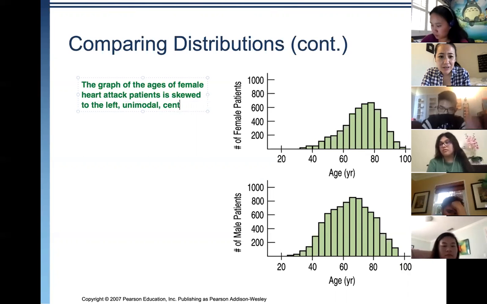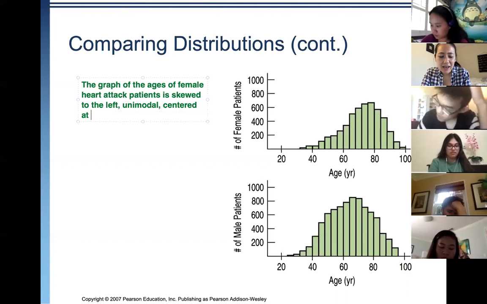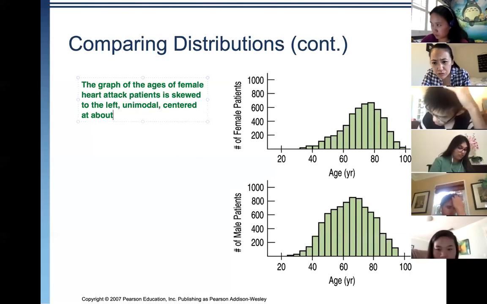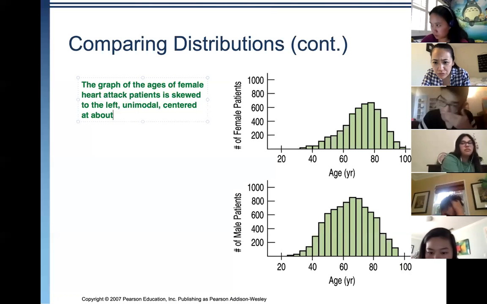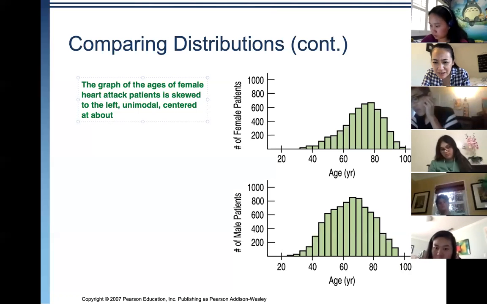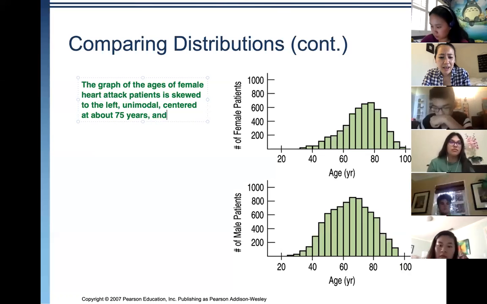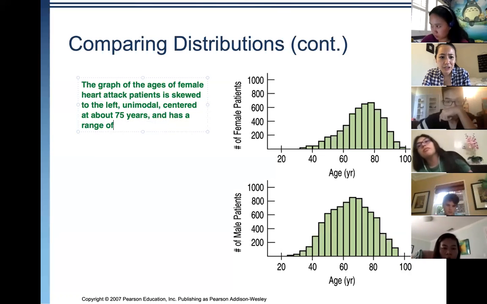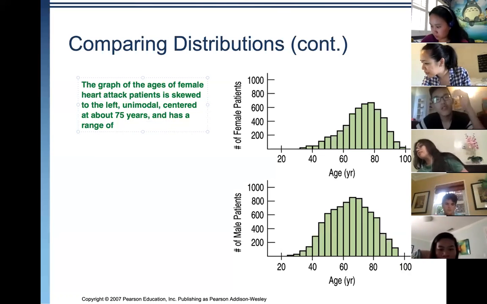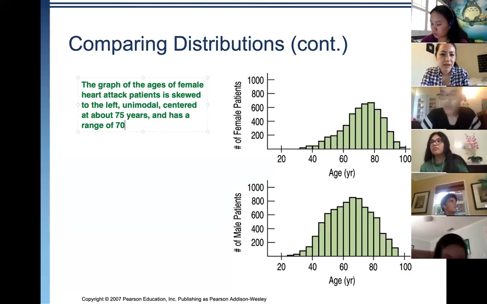Centered at about 75 years, and has a range of, let me see, it's going from 100 to about 30.